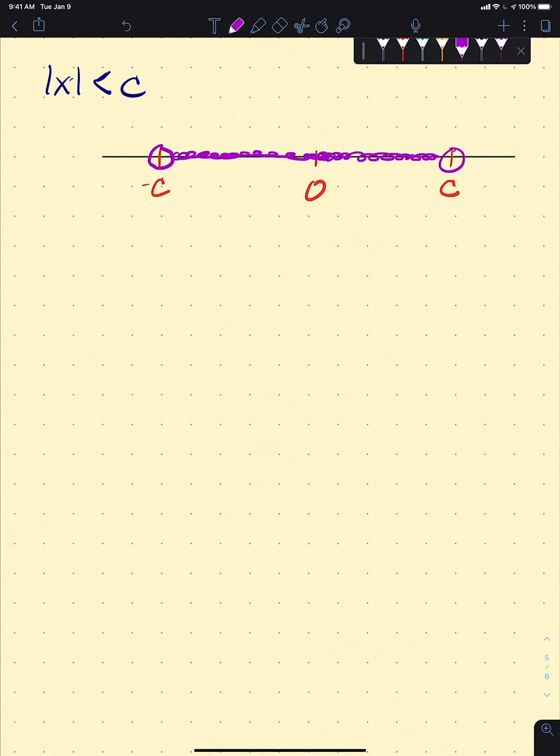So what we see here is that our expression naturally becomes x is less than c and x is greater than negative c. This idea of an absolute value naturally encodes this nested inequality here.